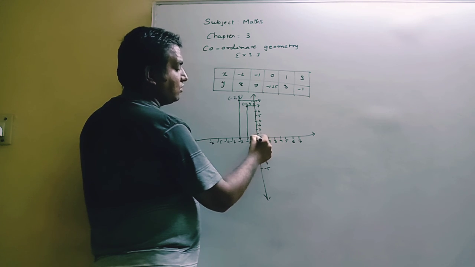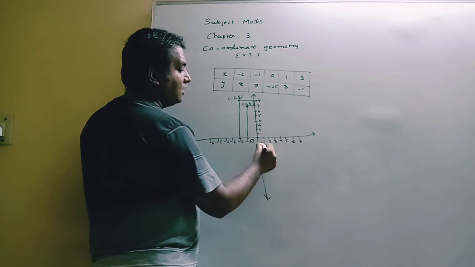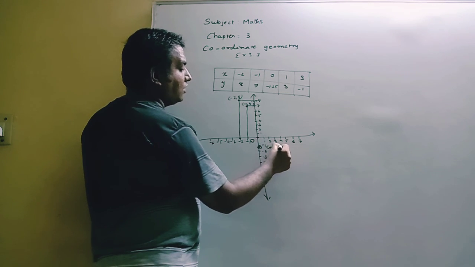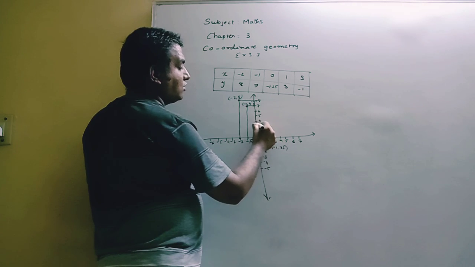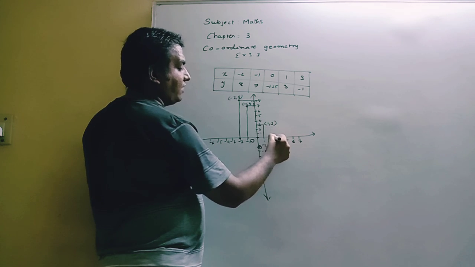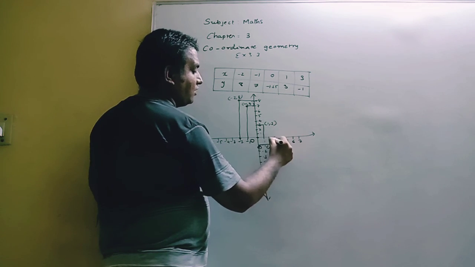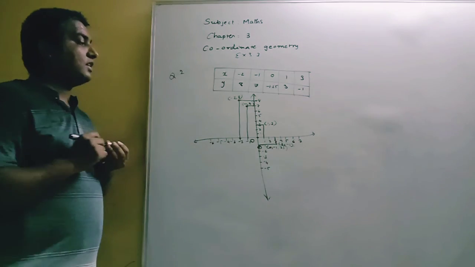So it is not exactly half, but a quarter of that. So here (0, -1.25). x is 1, y is 3, so like this we will draw, it will be (1, 3). x is 3, y is -1, so like this we will draw, this point will be (3, -1). And so our graph is ready.